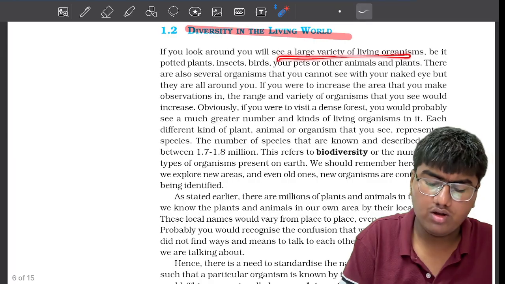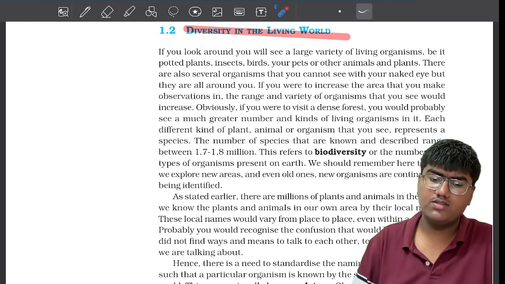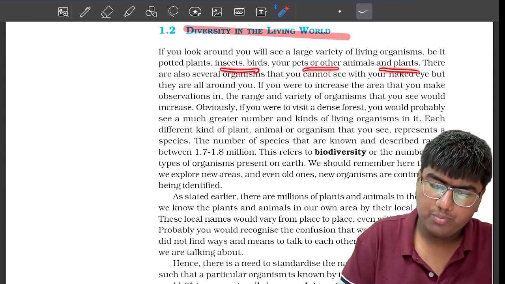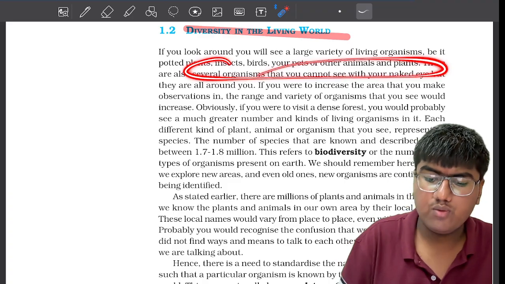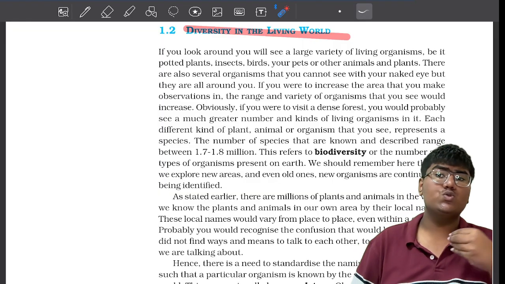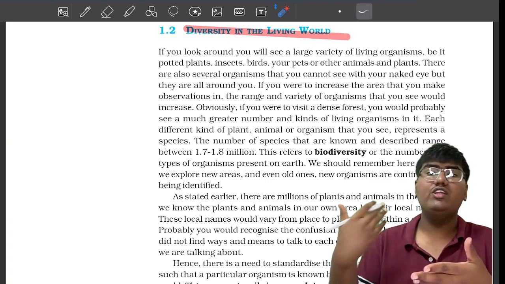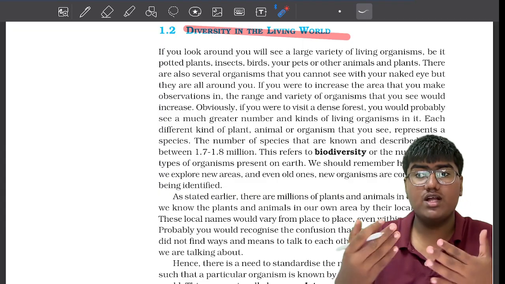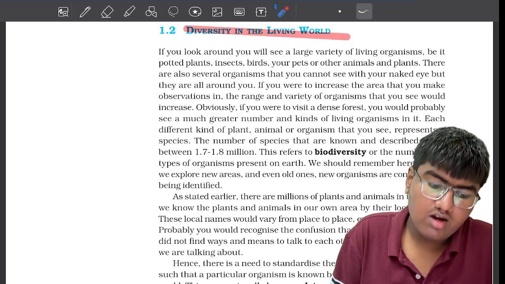If you look around, there is a large variety of living organisms, be it potted plants, insects, birds, your pets, or other animals and plants. Therefore, there are several organisms that you cannot see with your naked eyes. Yes, with our normal eyes, we can see so many types of organisms, but we can't even imagine how many types of organisms that we cannot see with the naked eye are present, all around you.